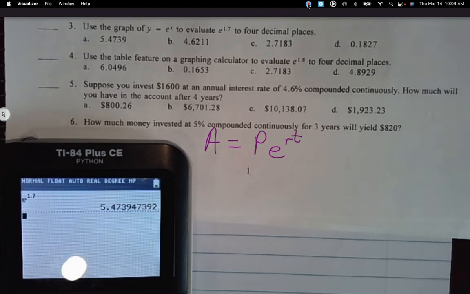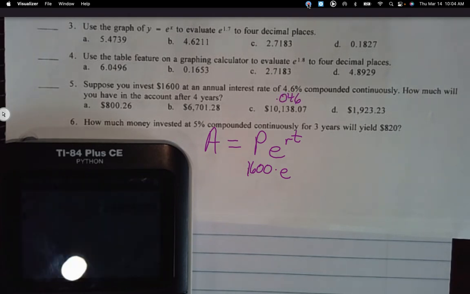So my principal, that just means your starting amount, is what? 1,600. So that goes here. Times E to the, what's my rate? It says 4.6%. So what do I have to do with that? 0.046. Divide it by 100. Think of a test.